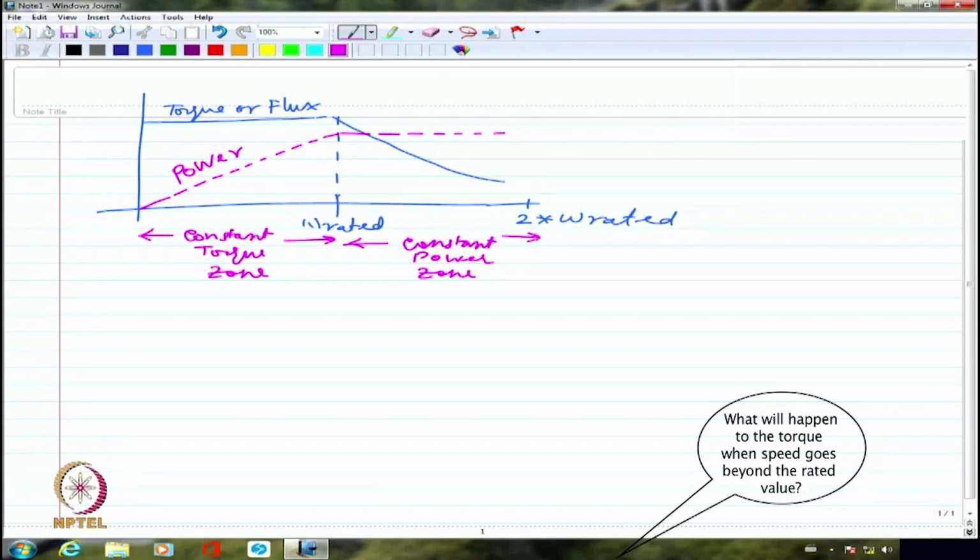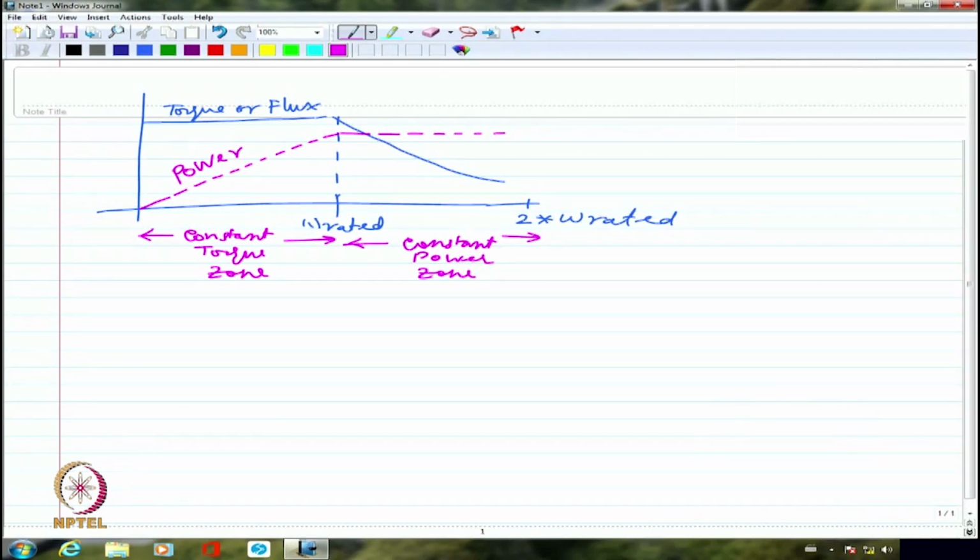If I try to make the speed above omega rated with the voltage frozen at rated value, the only way it can be done is by decreasing the flux. When I decrease the flux, the torque will also decrease, although the speed increases.